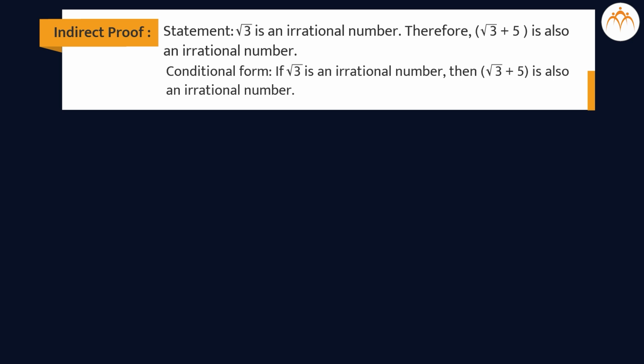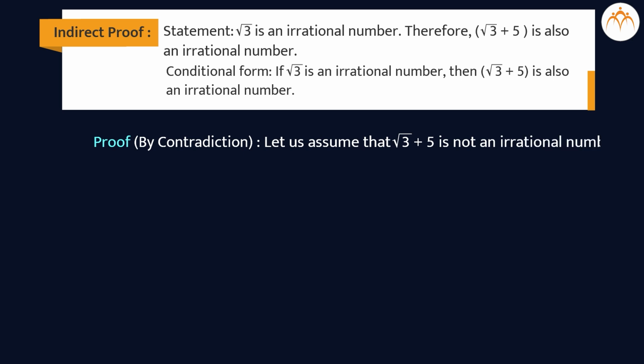What is given? That square root 3 is irrational. To prove that square root 3 plus 5 is an irrational number, let's see the proof by contradiction. Let's assume that square root 3 plus 5 is not an irrational number.